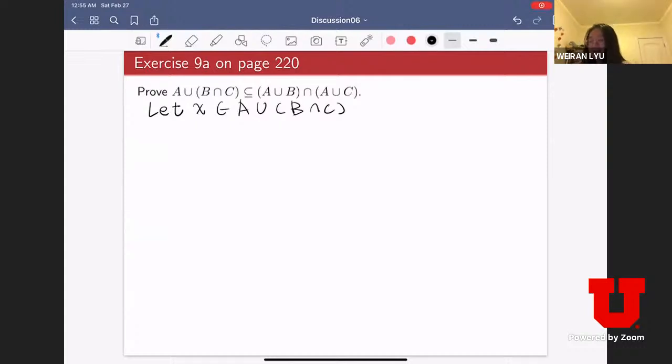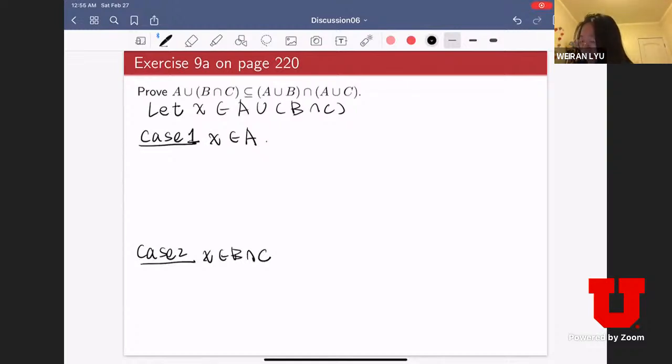First we want to let X belong to the union of A and B intersect C, where the first case we have X belongs to A, and the second case is X belongs to B intersect C. All right, and we know that since X belongs to A, by the definition of union, X also belongs to A union any other sets, which in this case, X belongs to A union B and X also belongs to A union C.